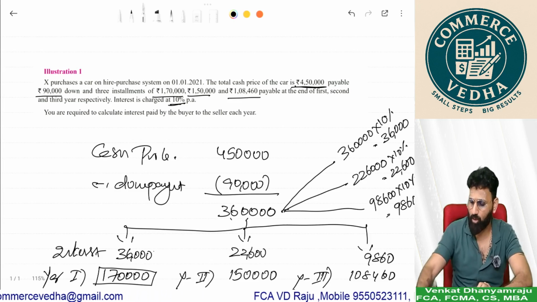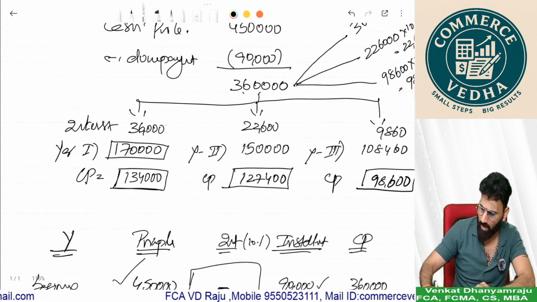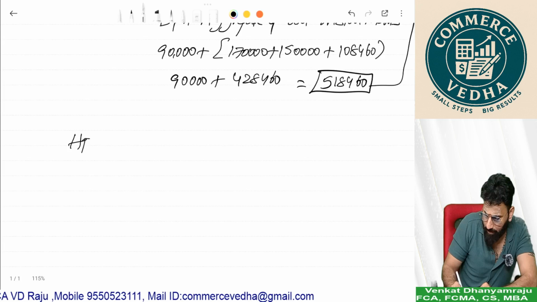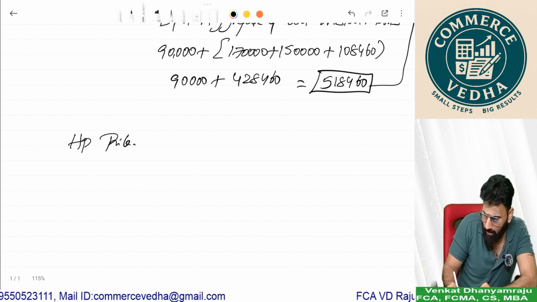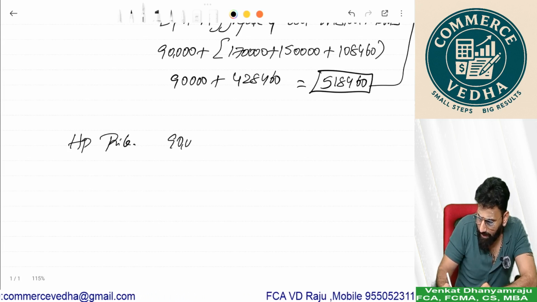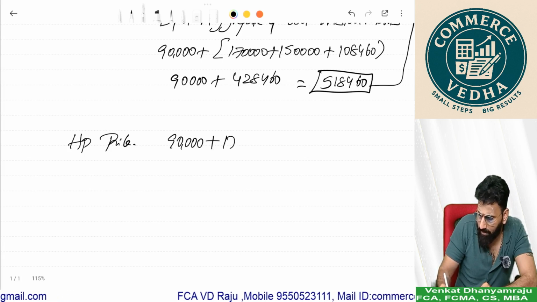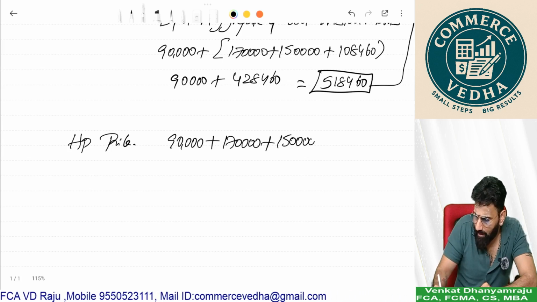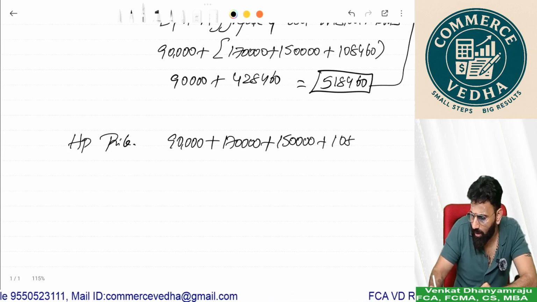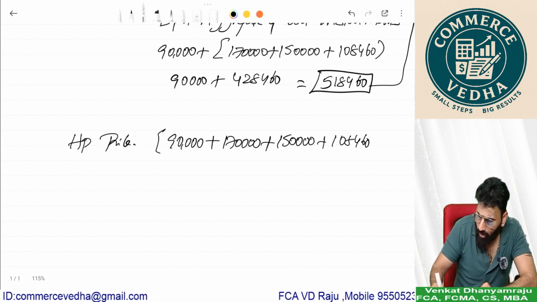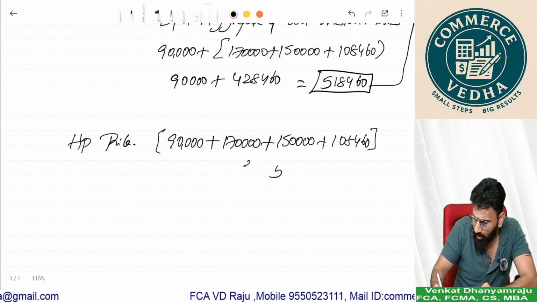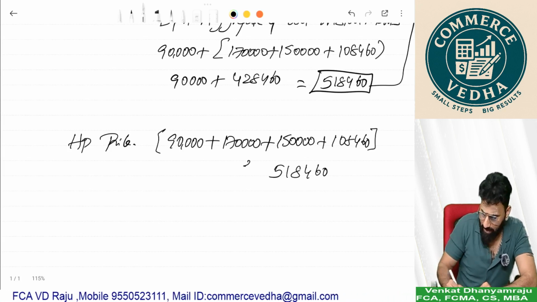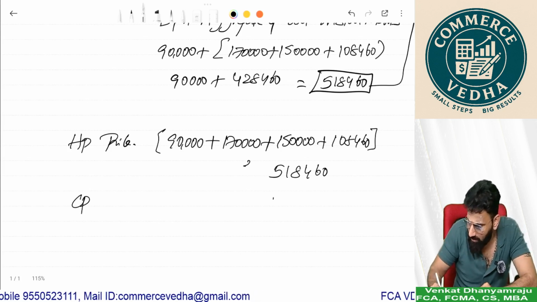So they have given the total hire purchase price, which is 90 plus 170 plus 150 plus 108,460. Hire purchase price is given as 518,460. Cash price is also given, which is 450.